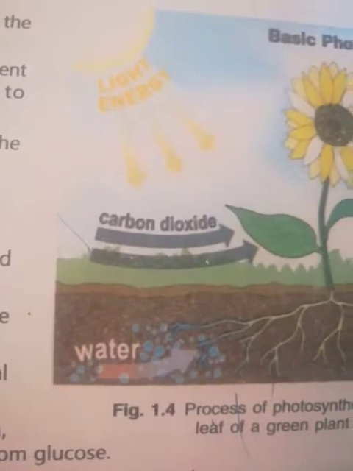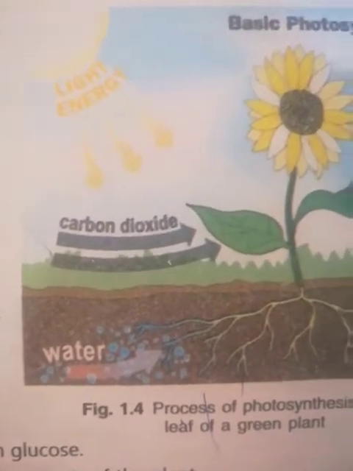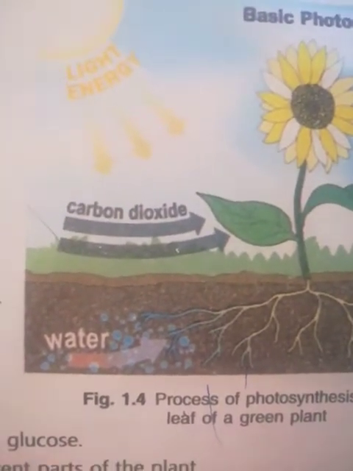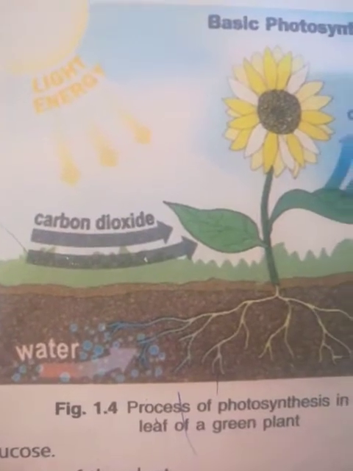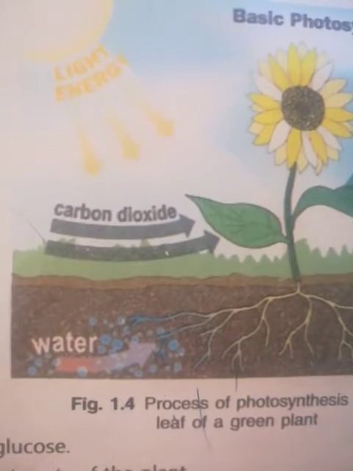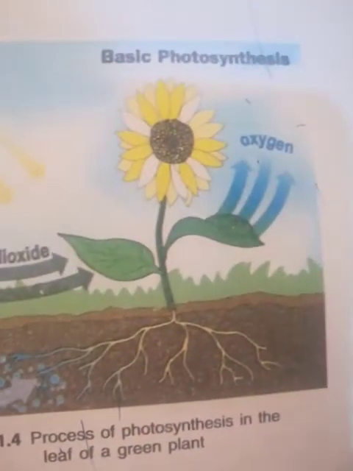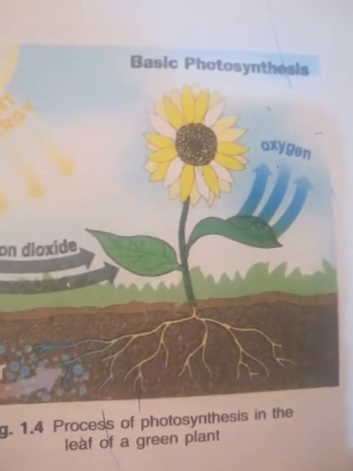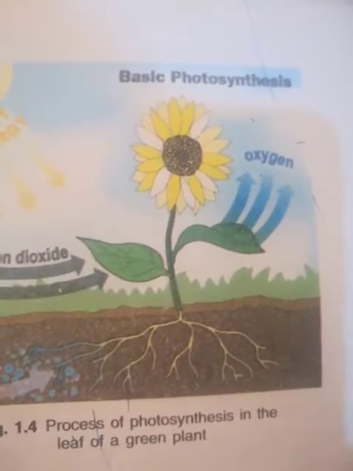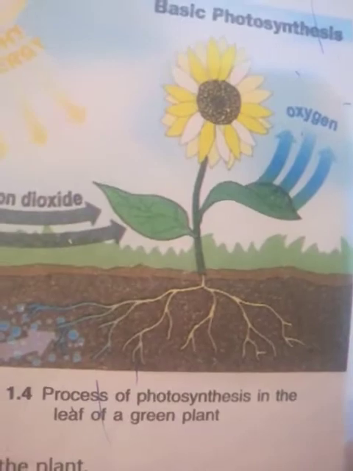See, sunlight energy is trapped by chlorophyll of the green part of the plant, and carbon dioxide is utilized by the plant, and water is absorbed from soil by the root, and here oxygen is released by the plant during the photosynthetic process. This is the process of photosynthesis in the leaf of a green plant.